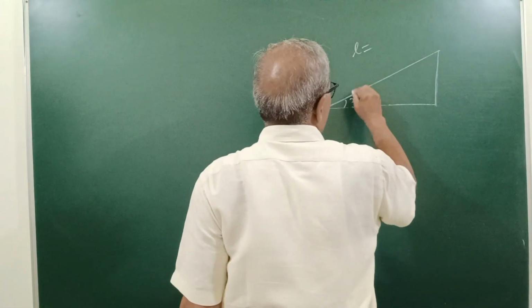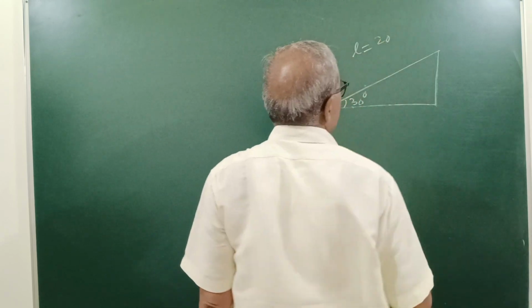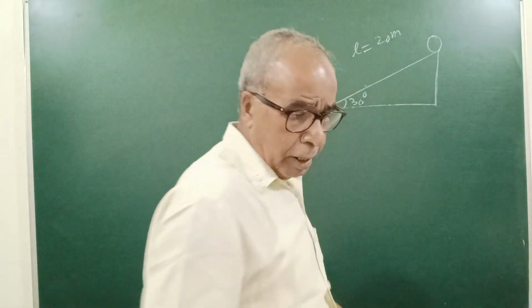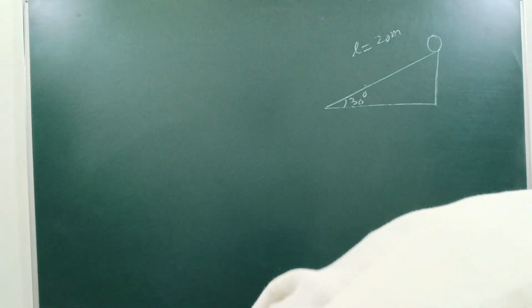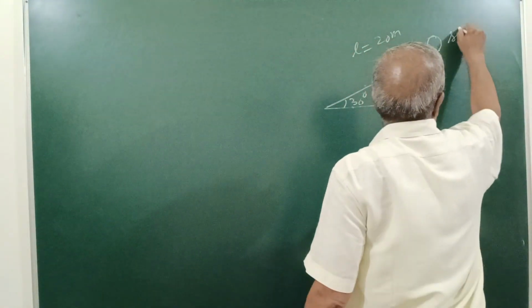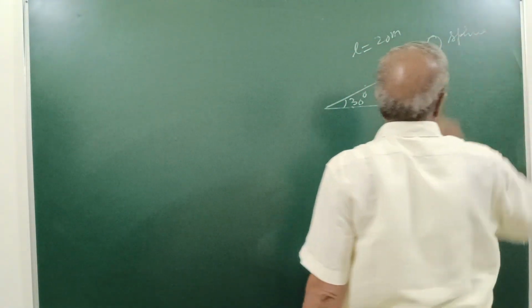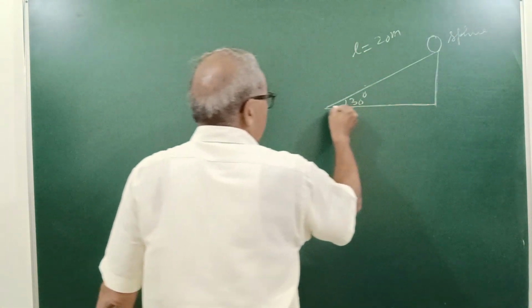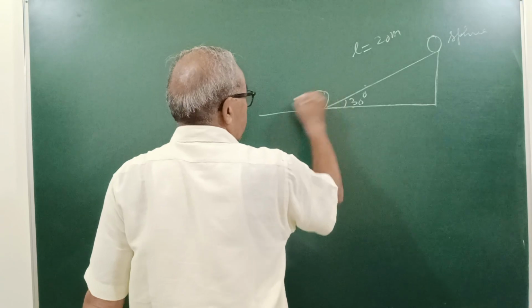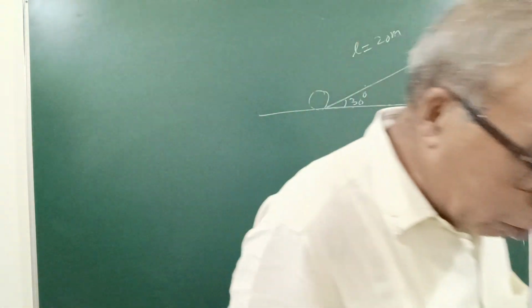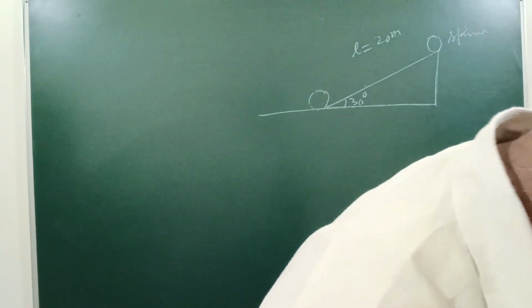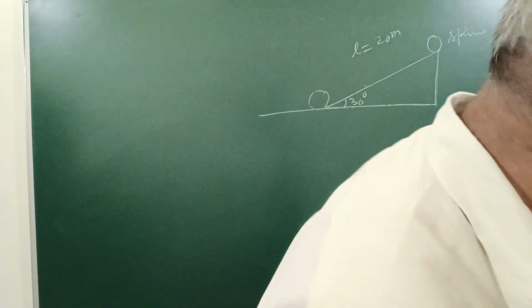A rolling body, a sphere here, starts rolling down, and when it comes to this point, what is the velocity of the central mass? Calculate the velocity of the sphere at the bottom.